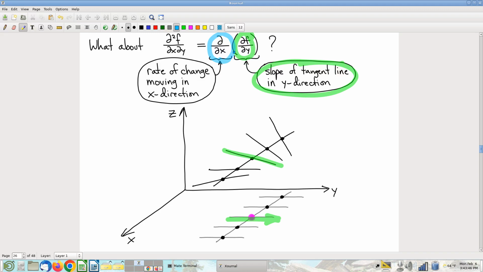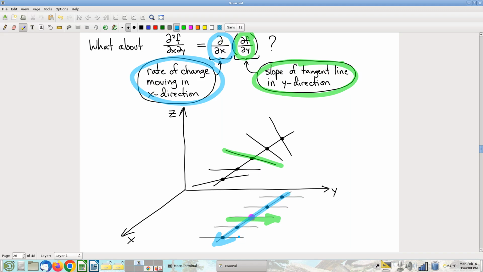So I've got to take a different point of view, and the point of view I'm going to suggest is that x partial means how does the object, whatever we're taking the x partial of, change as you move in the x direction? So as I move that way, how do these tangent line slopes change?